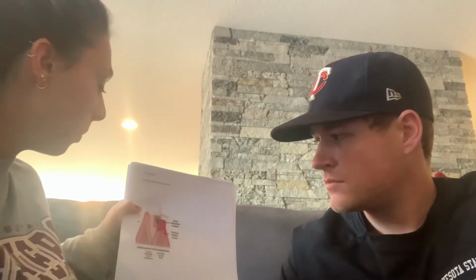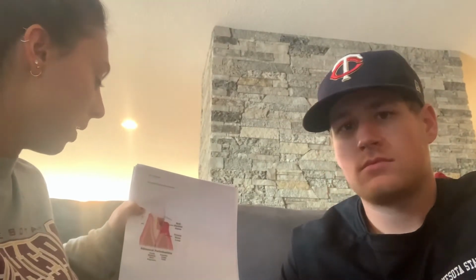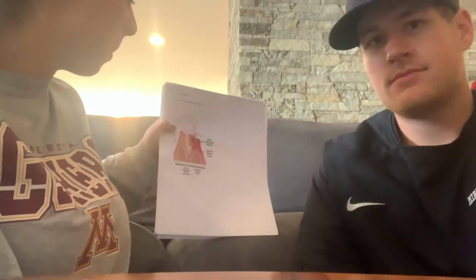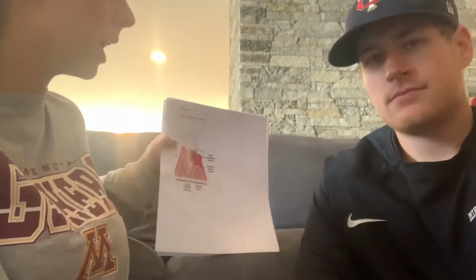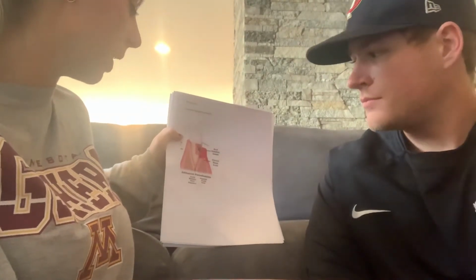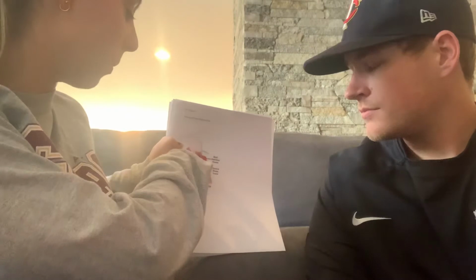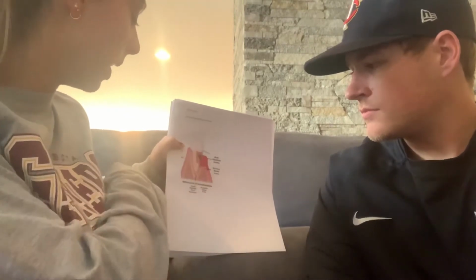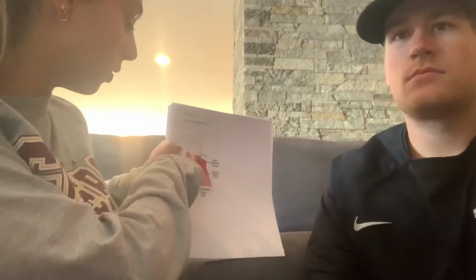We can remove all of this tartar, clean out this area, and hopefully get this inflammation down and your gums looking back to normal. But the bone loss will never grow back on its own. So what we're really trying to do is maintain the level that you're at. We don't want this to get any worse, because if it keeps going down dramatically, you could eventually lose some of these teeth where we're seeing this advanced bone loss. So we're going to try to prevent that from happening.